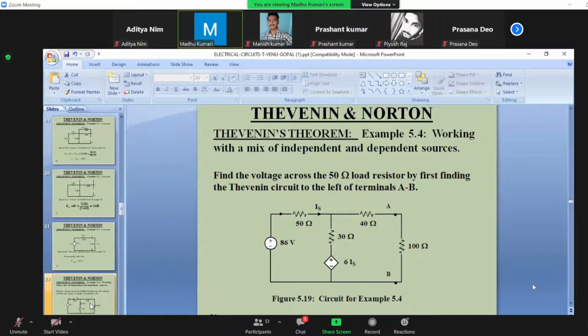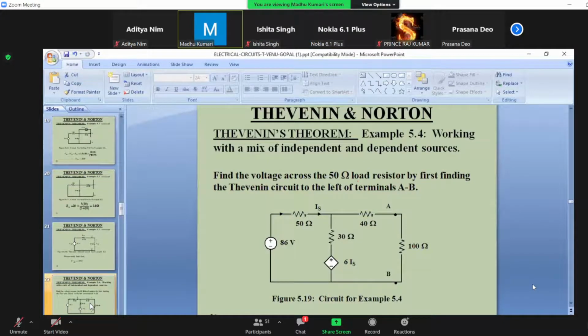Have you seen that? What was the symbol of a dependent source? Parallelogram. The dependent source is a parallelogram. And what was the independent one? Circle. Okay?